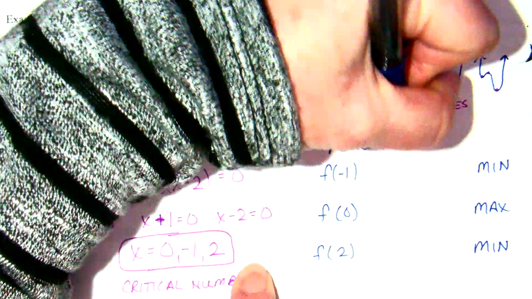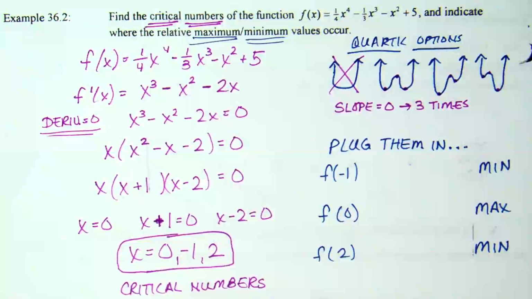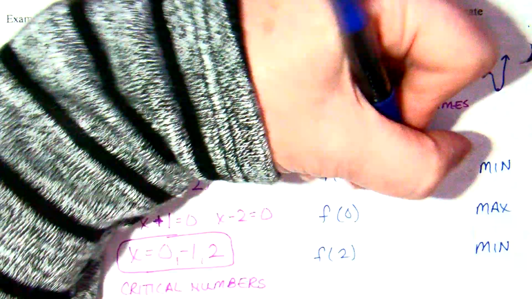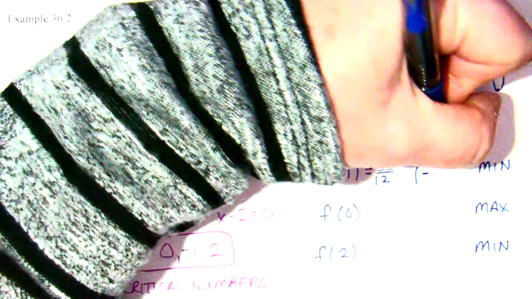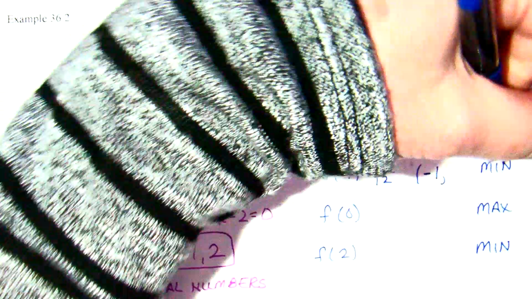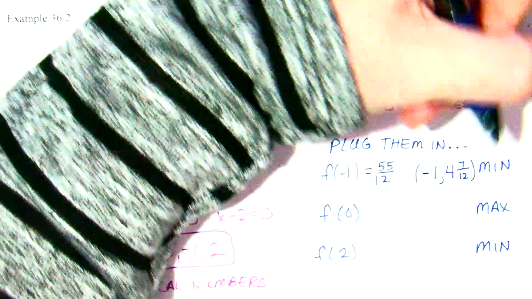I don't feel like that's what you guys need me for, right? So when I plug in f of negative 1, I have written down 55/12, which means there is a min at the ordered pair negative 1, 55/12. I also wrote in my notes that it is 4 and 7/12.